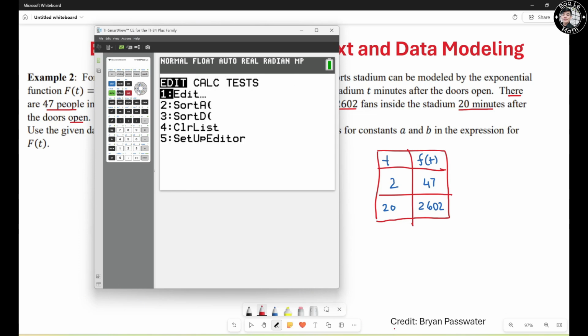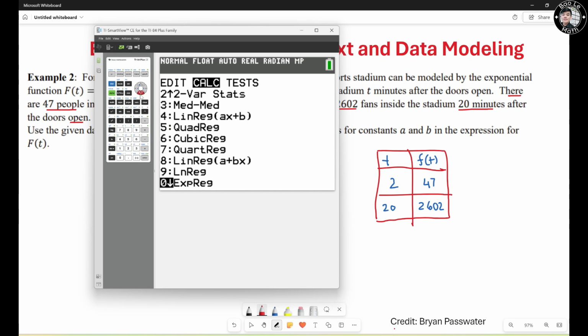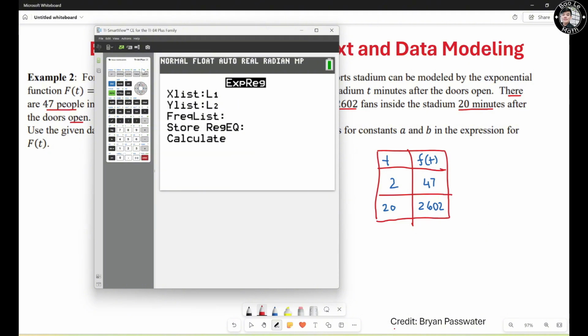So you hit stat again, go to calc, right? Go down to exponential regression, which is 0 right here, right? Hit enter, right? L1, L2, which is the X list and Y list. Now go to store regression equation right here.